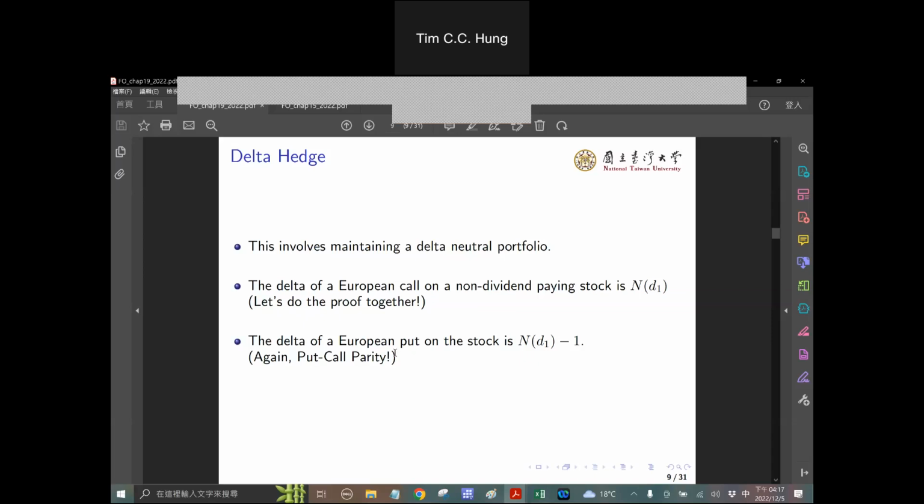There's something very nice about partial d1 over partial S0 and partial d2 over partial S0.